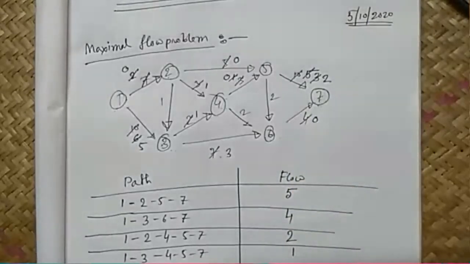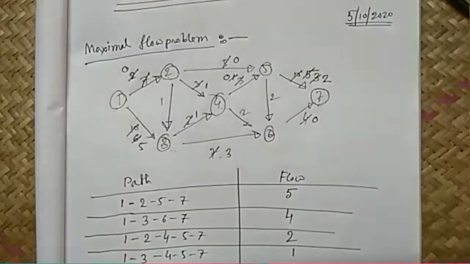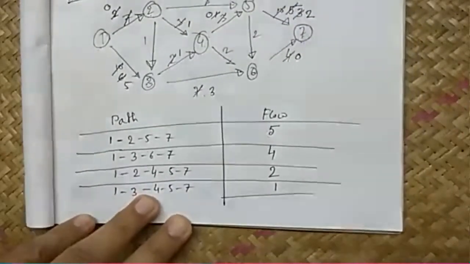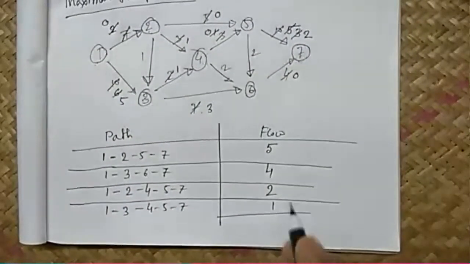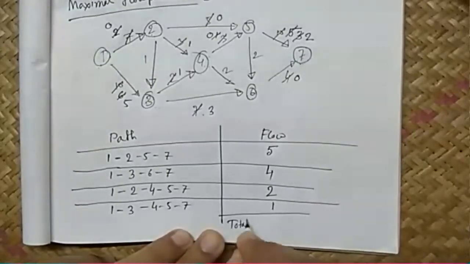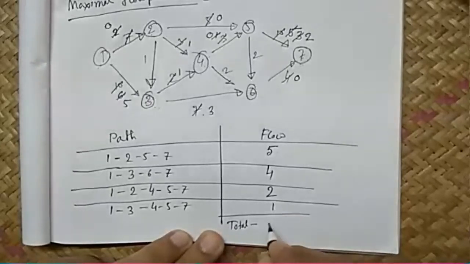Okay, so now the maximum flow that is possible through this network is the total of this, and the total is 5 plus 4 plus 2, 11, plus 1, 12.